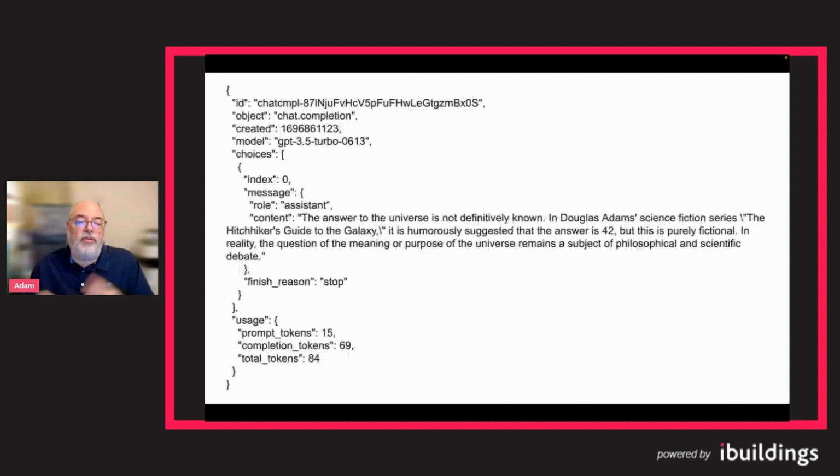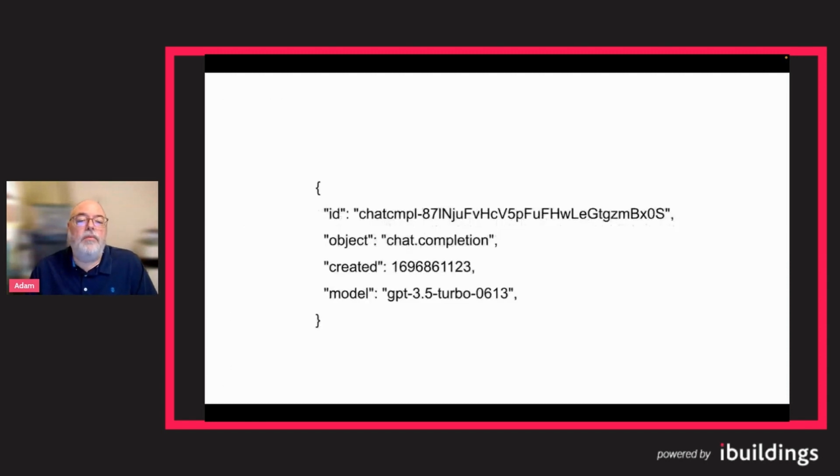That body is going to be large, and we'll go through each piece. The first segment is the identifier for the request/response. It's going to tell you, here's the ID, and if you're getting complaints and you're logging those things, you can find out who's doing things that are bad. Then the type of object, when it was created, and the model.